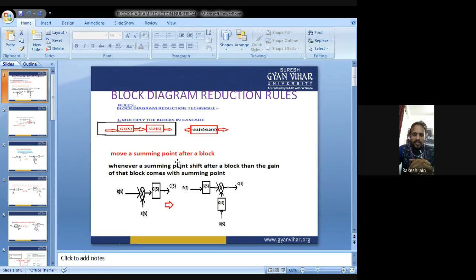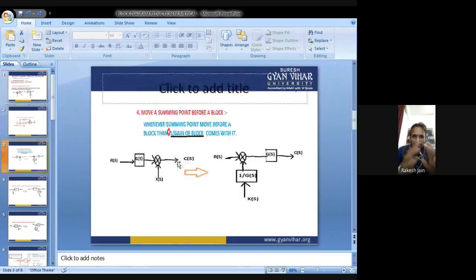We can move it easily after the block Gs, but the rule says that the gain of that particular block after which you wish to move the summing junction should also come. So whenever we move the summing junction after the block, the summing junction will again come after the block, but having the gain of that block. What was the gain of that block? Gs. So now it comes with Xs, Gs, and then the summing junction is represented.